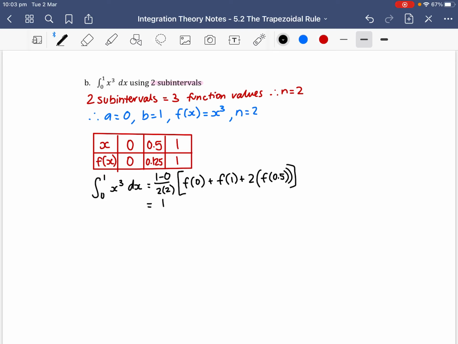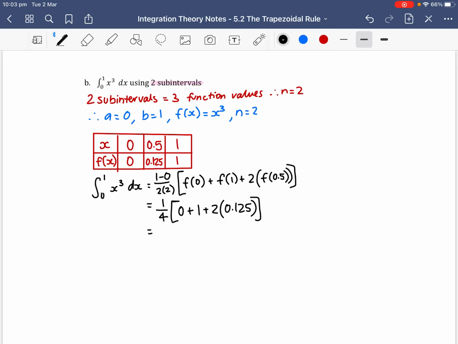Okay, so 1 minus 0 is 1 over 2 times 2 is 4. f of 0 is 0, plus f of 1 is 1, plus 2 lots of f of 0.5 is 0.125.